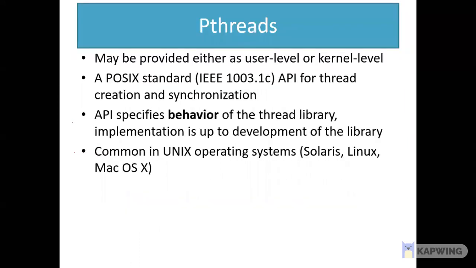Now this is the main part in programming. When you execute any program, we require Pthreads, the classes of Pthreads. Suppose you are executing any program, such as a client-server program or a producer-consumer program, in a Linux operating system or Ubuntu, we require this Pthread class. It may be provided either as user level or kernel level.